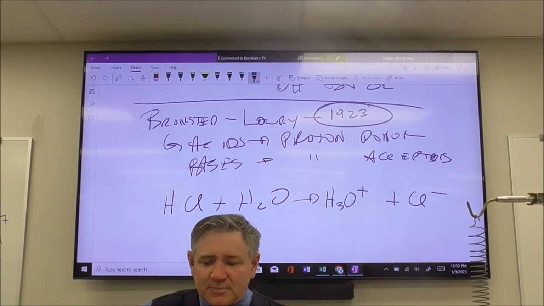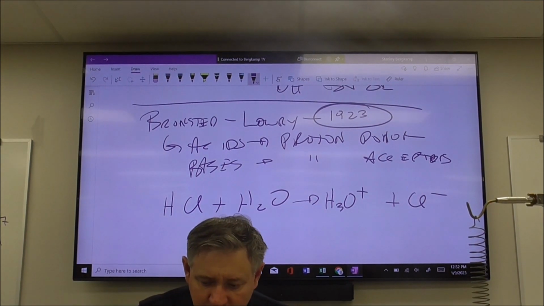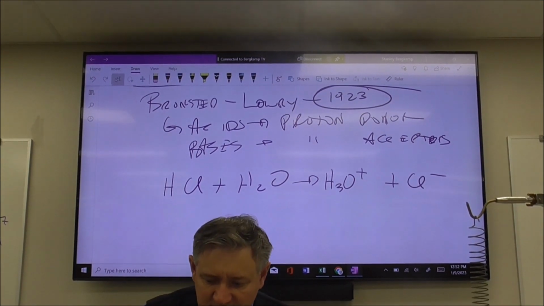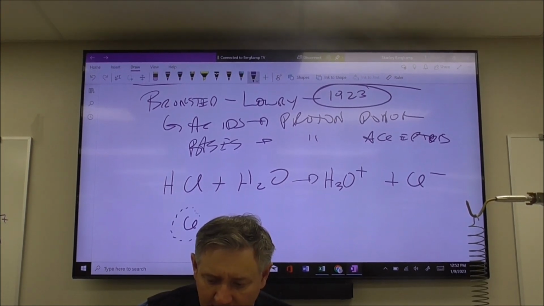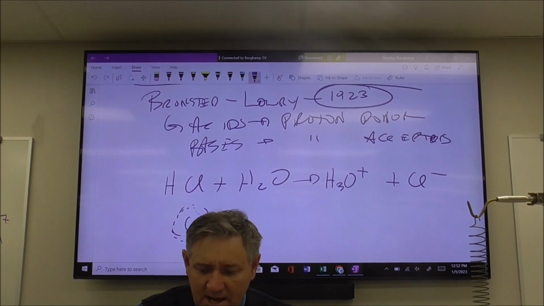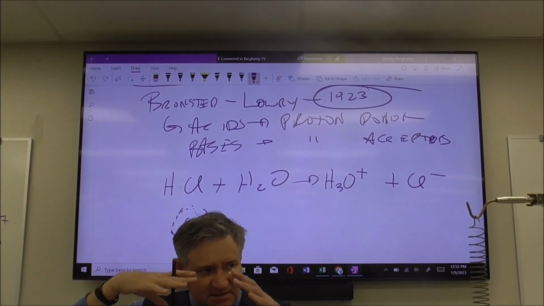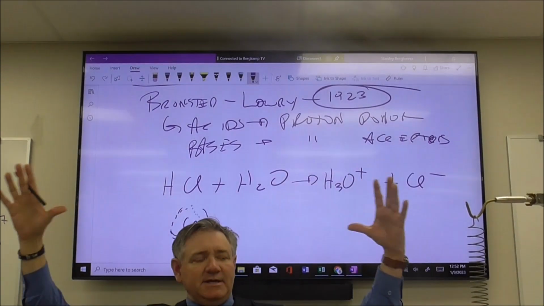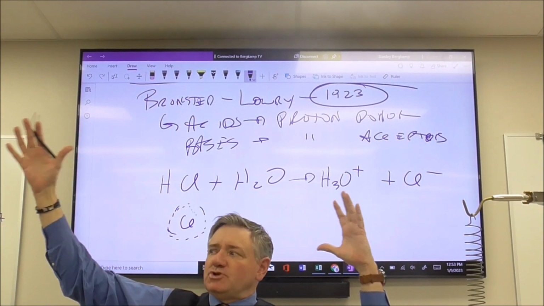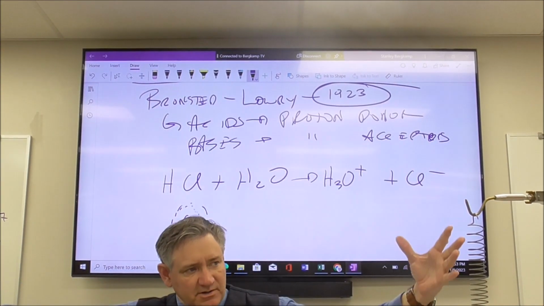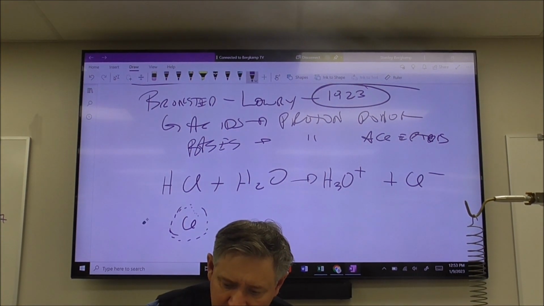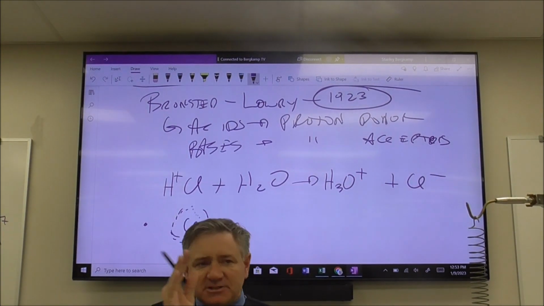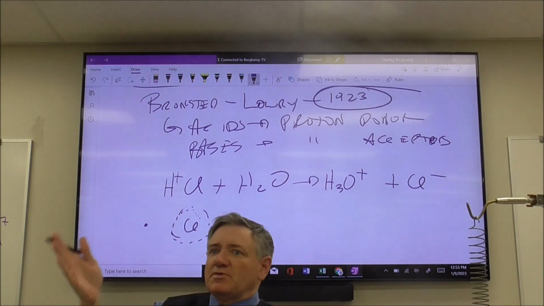The chloride anion has an extra electron, so it has 17 protons surrounded by 18 electrons, a huge dome of negativity. And out here is an H+, which is nothing more than a proton.